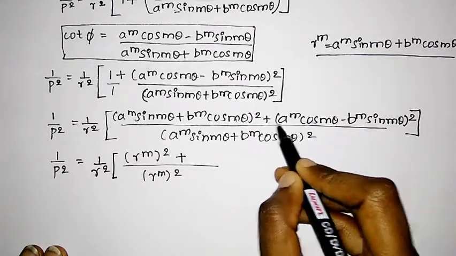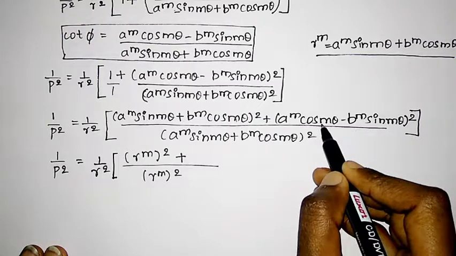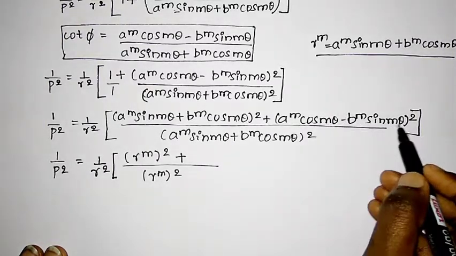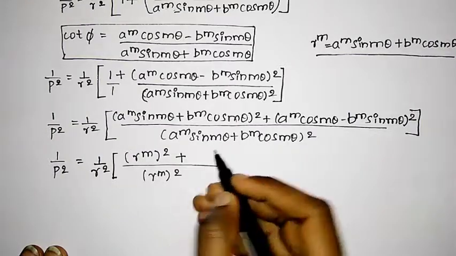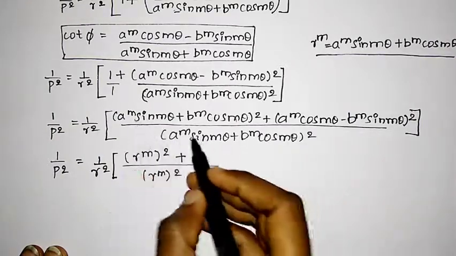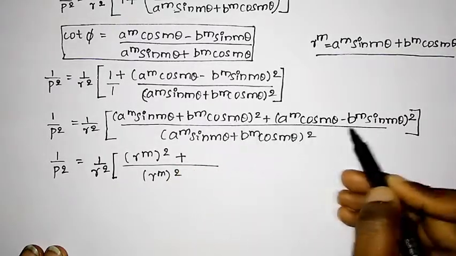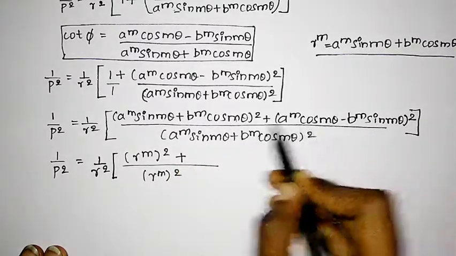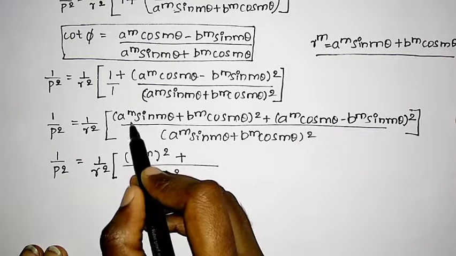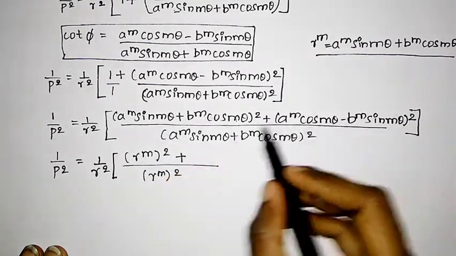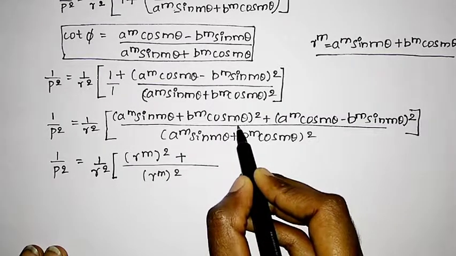Then similarly here we have plus a raised to m cos m theta whole square and minus b raised to m sin m theta whole square. So then we can write it as, in this b raised to m cos m theta and a raised to m cos m theta are there, so it will cancel. So remaining will be a raised to m sin m theta whole square plus b raised to m cos m theta whole square.